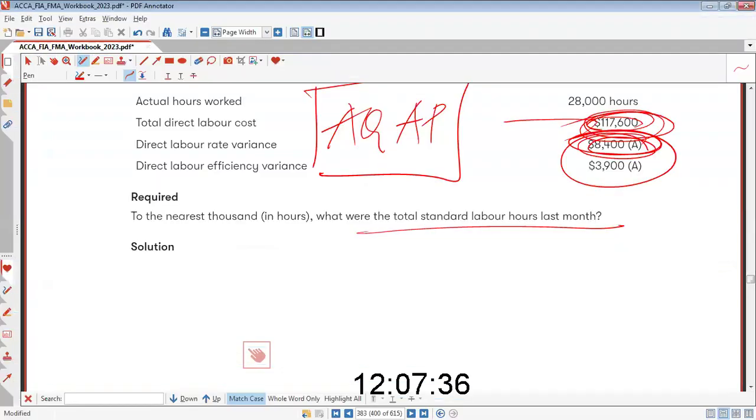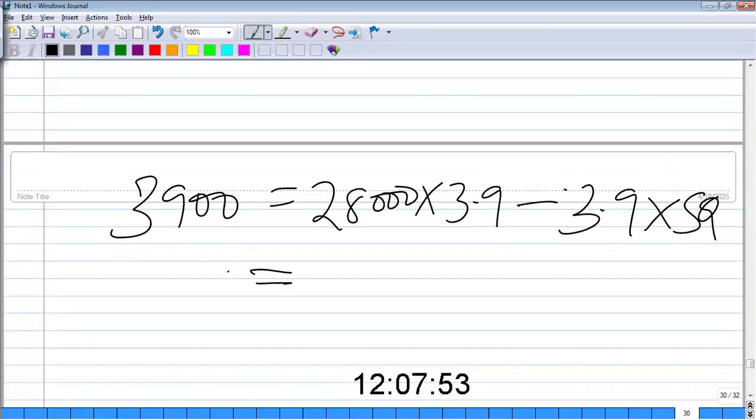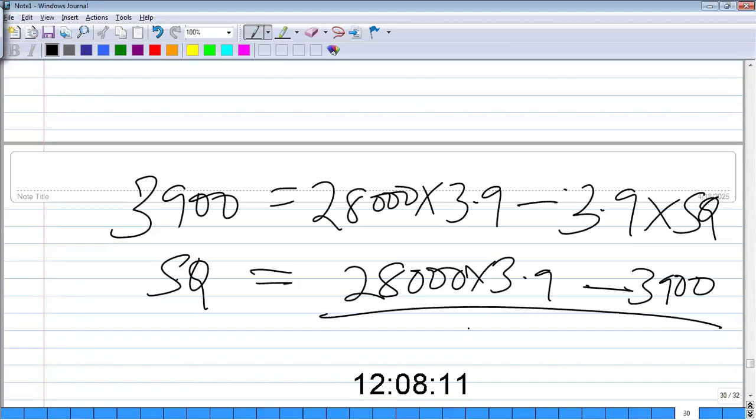Just a moment. What were the total standard labor hours worked? If we fraction this out, we shall get SQ equal to 28,000 times 3.9, take this side, minus 3,900, divided by 3.9.